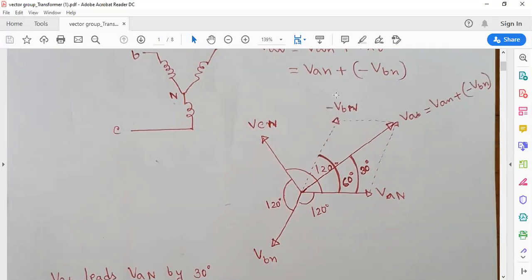If we add VAN and minus VBN, we get the resultant VAB. From this picture we can see that VAB, the line-to-line voltage, is 30 degrees leading VAN, the phase voltage. That means line-to-line voltage leads phase voltage by 30 degrees. This total angle is 60 degrees.